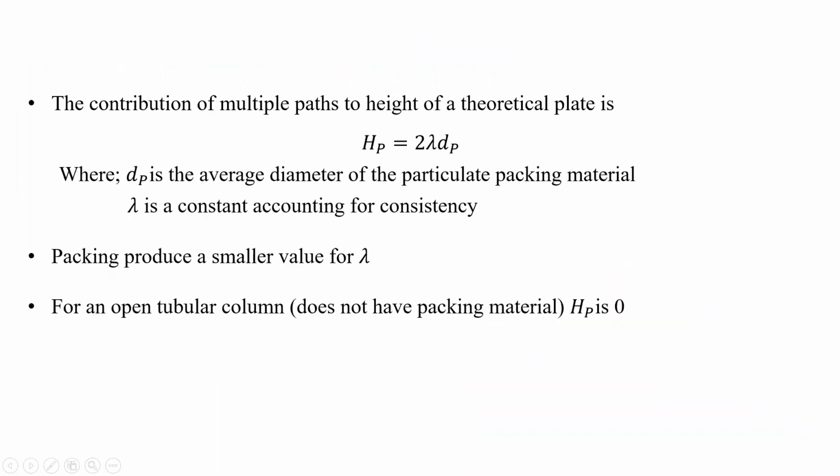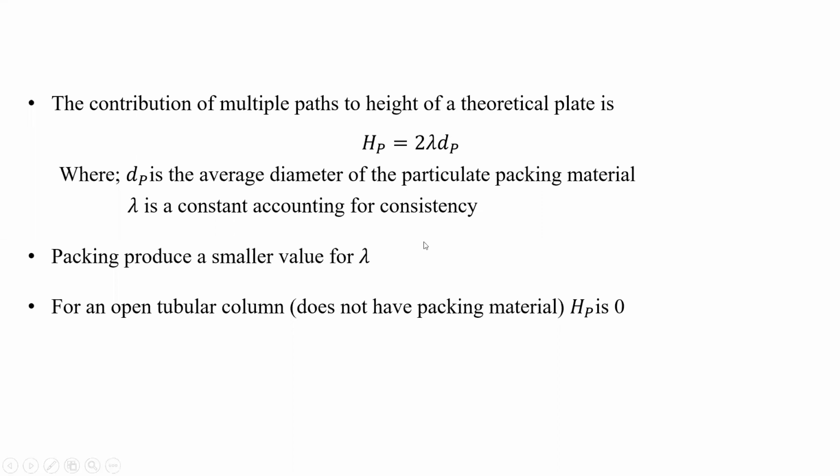The contribution of multiple paths to the height of the theoretical plate is given by Hp, and Hp is equal to 2 lambda dp, where dp is the average diameter of the particle packing material, and lambda is the constant accounting for the consistency.